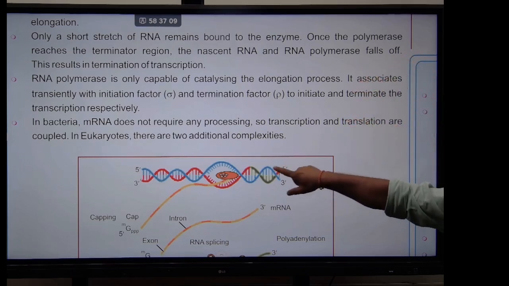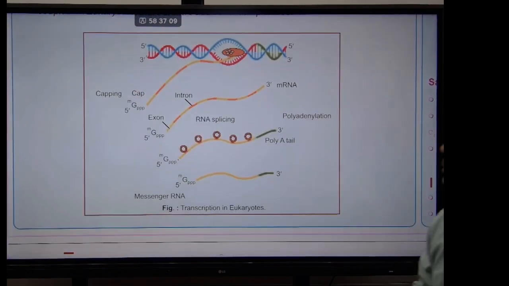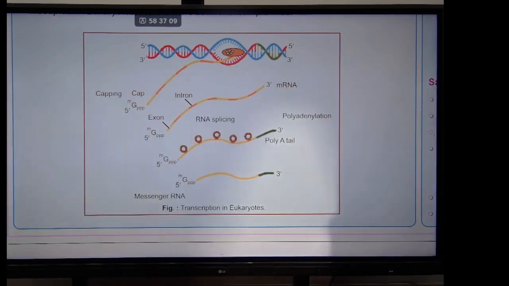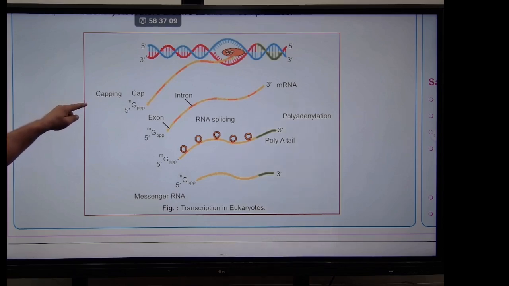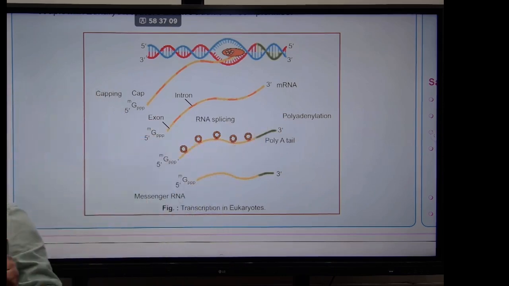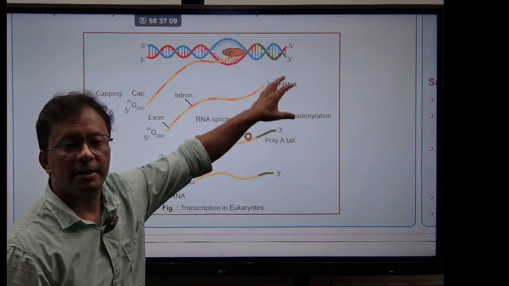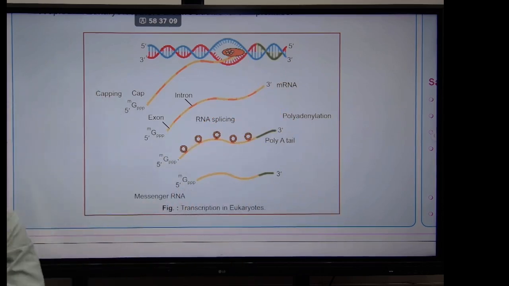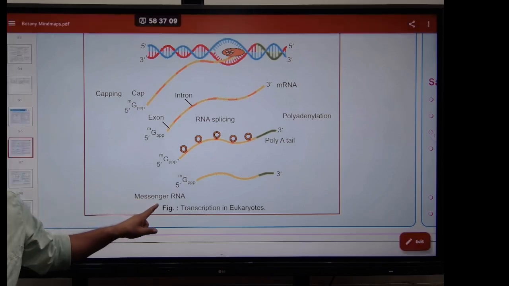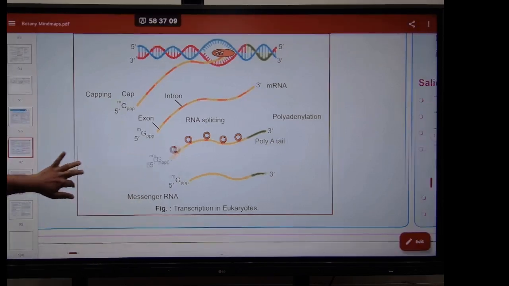After that, the RNA goes through three steps. One is called capping, second is splicing, and third is polyadenylation, meaning addition of adenine molecules at the 3' end of the RNA. Once the introns are removed, all the exons are joined together to form a functional RNA called the messenger RNA. Right?